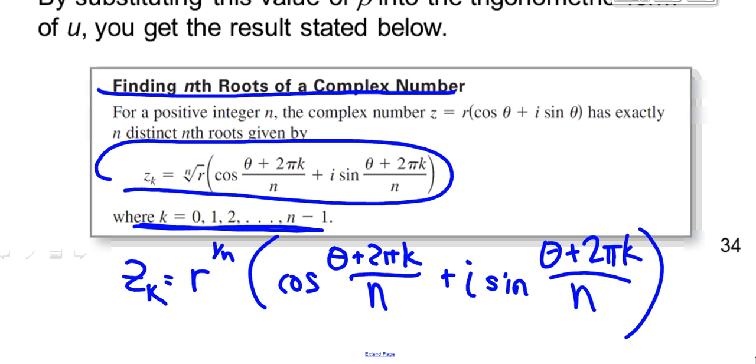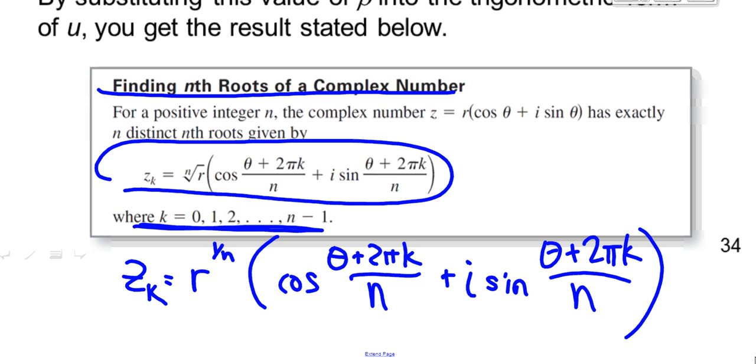In my mind, the formula isn't super hard because we take r just to the root, just like we did to the power, and then we divide. The only difference is we have this plus 2 pi k. The real thing that is maybe a lot of work is that it is very repetitive.